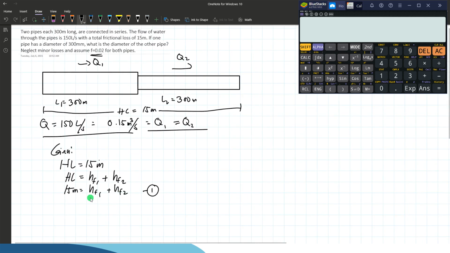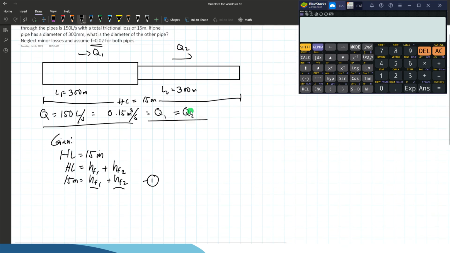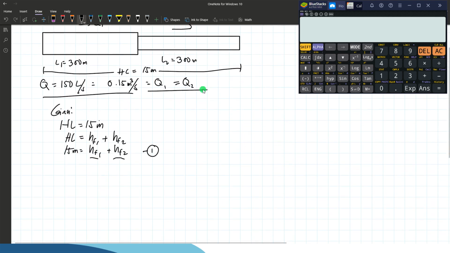So how can we determine the head loss of pipe 1 and pipe 2? Where can we get the values for that?